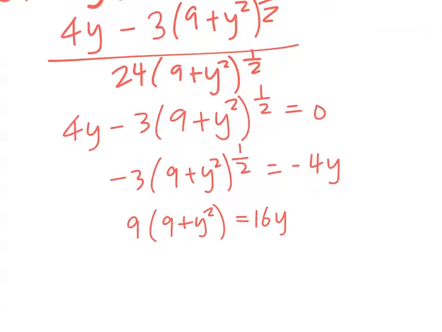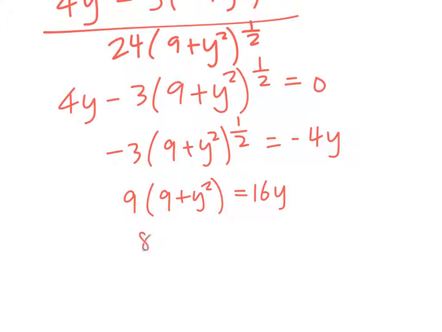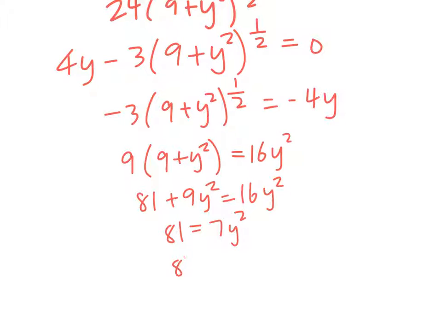Okay, so this is 81 plus 9y squared, equals 16y squared. Subtract 9y squared. 81 is equal to 7y squared. Divide by 7. 81 over 7 is equal to y squared. So y is equal to 9 over square root 7.